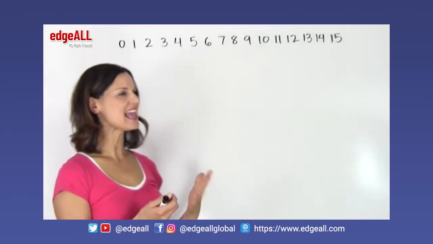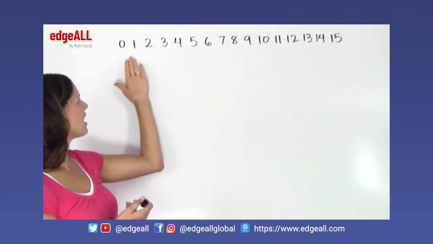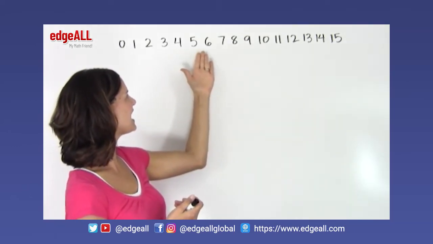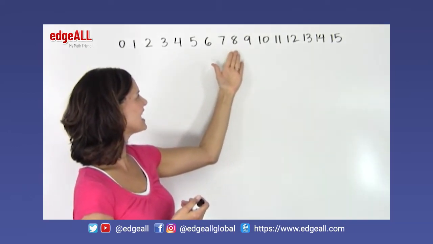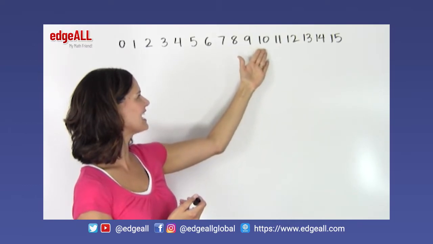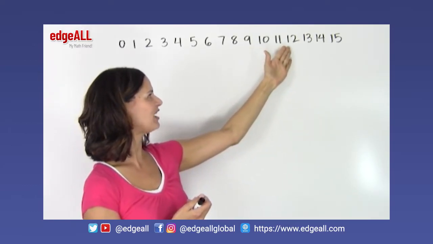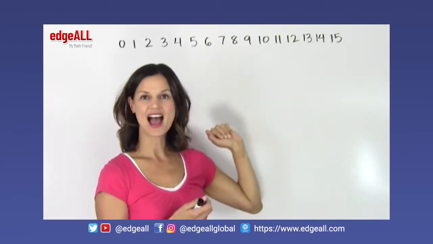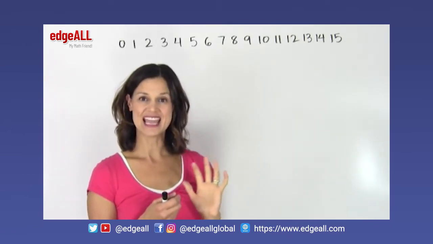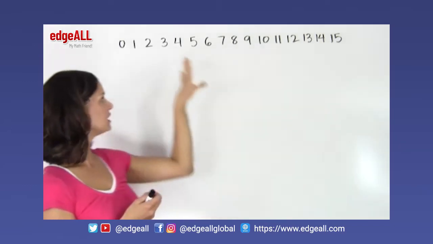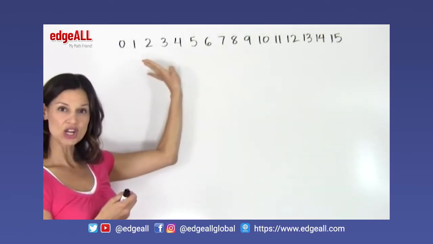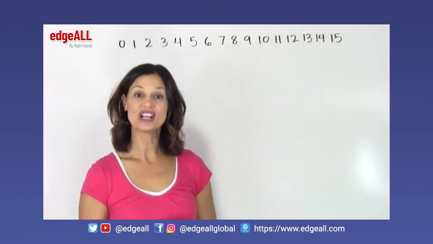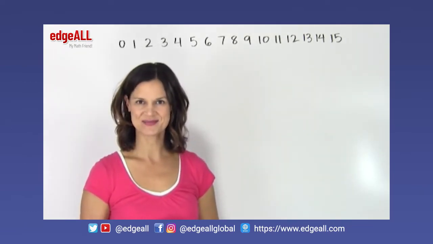And so if I count 0, 1, 2, 3, 4, 5, 6, 7, 8, 9, 10, 11, 12, 13, 14, 15, I am counting in order from the lower, smaller numbers to the higher or larger numbers.